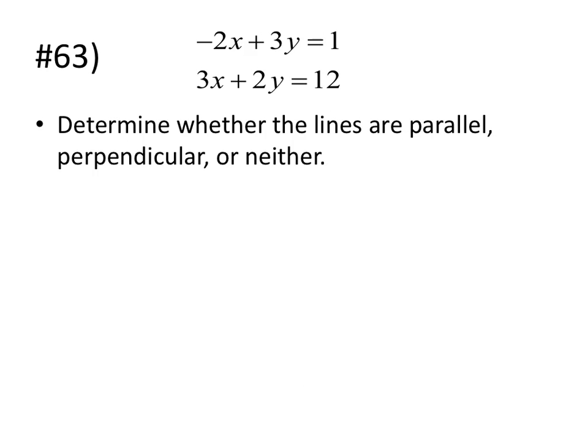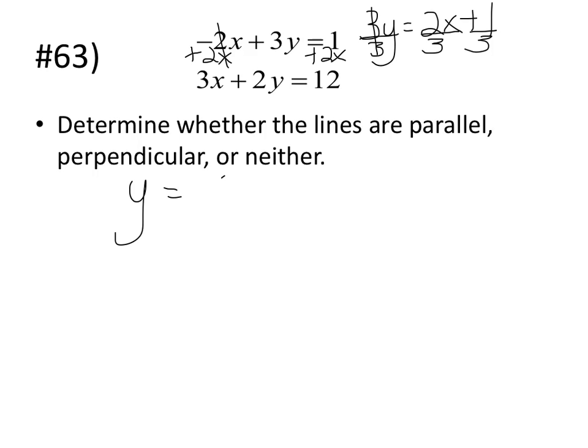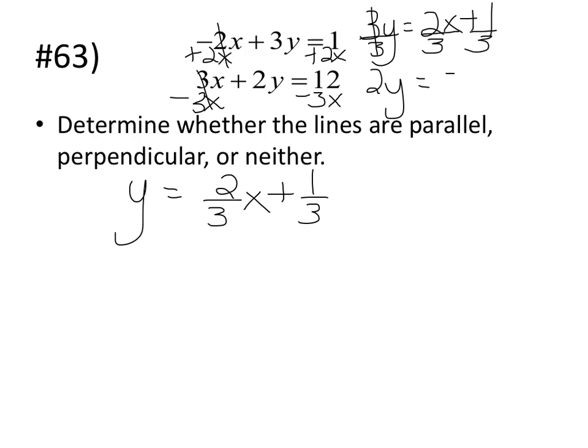I have to do the same thing here. So I'm going to add 2x to both sides, giving me 3y is equal to 2x plus 1. Divide everything by 3. You get y equals 2/3 x plus 1/3. And then here we're going to subtract 3x from both sides, giving me 2y is equal to negative 3x plus 12.